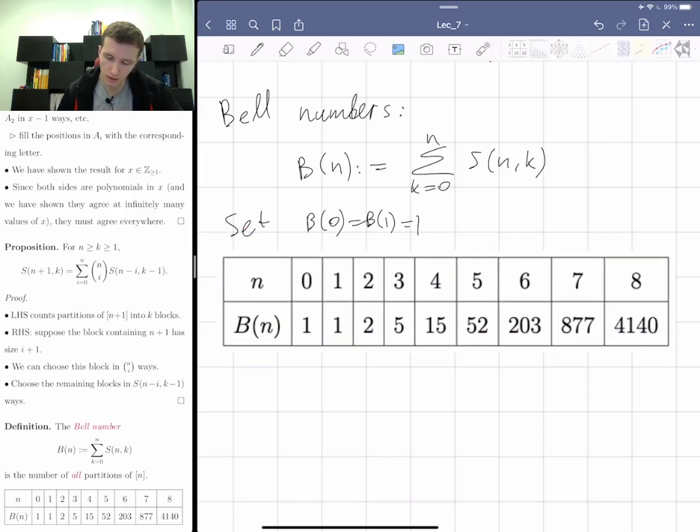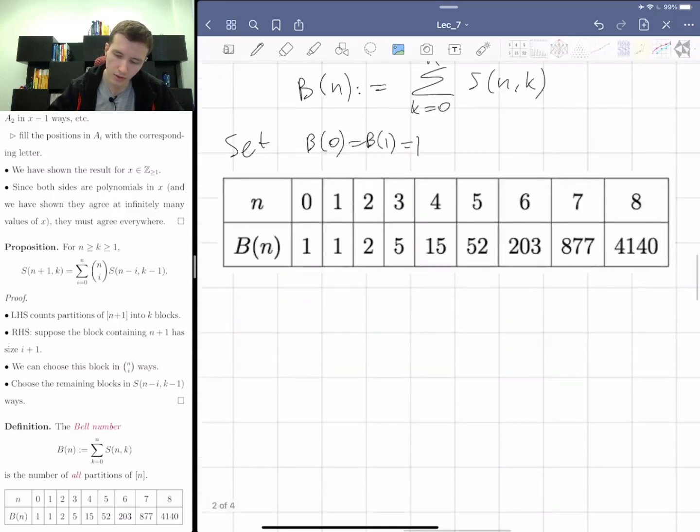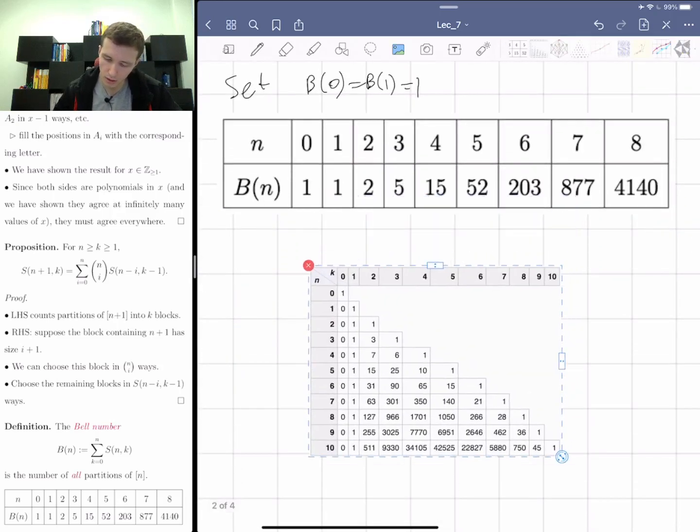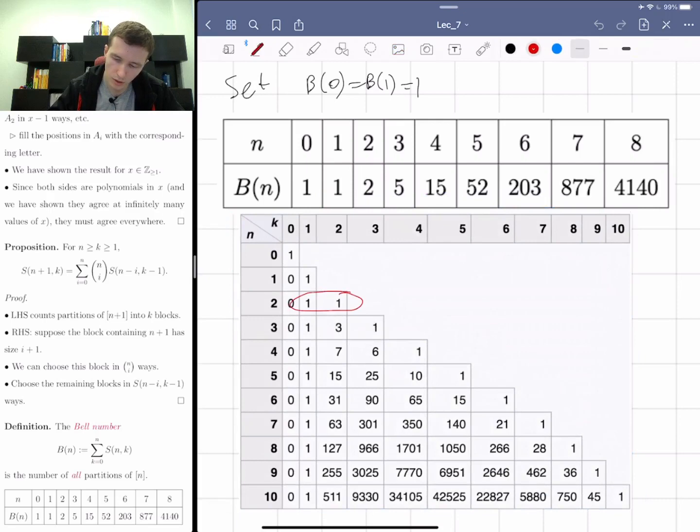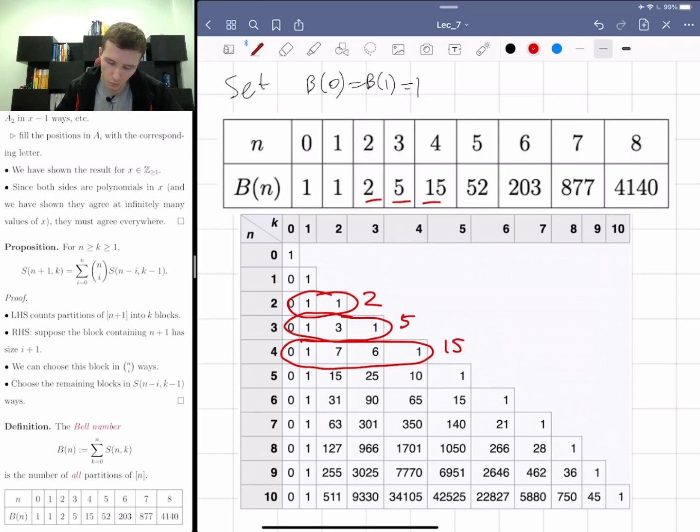The connection with the previous table is that it records the row sums. Here the row sum is 2, and then it's 5, and the next one is 15. So 2, 5, 15, and the next one is hopefully 52. Yes, 52, and etc.